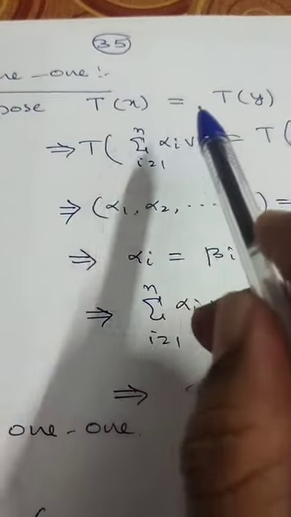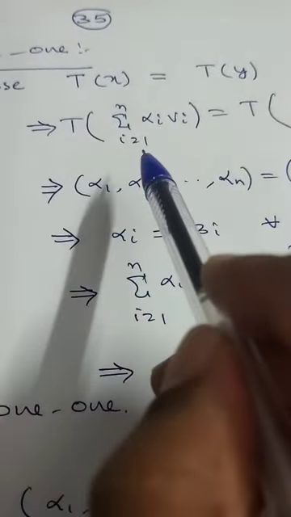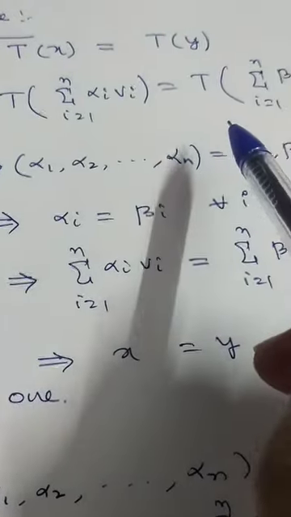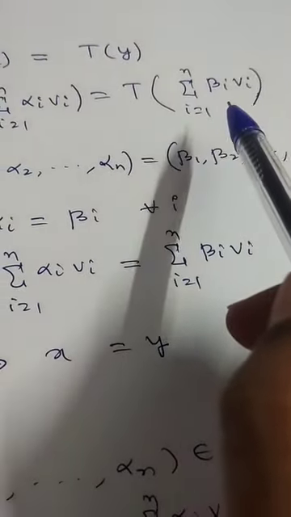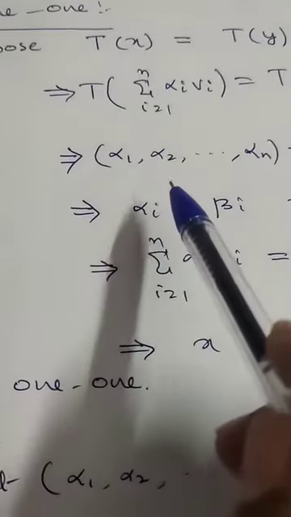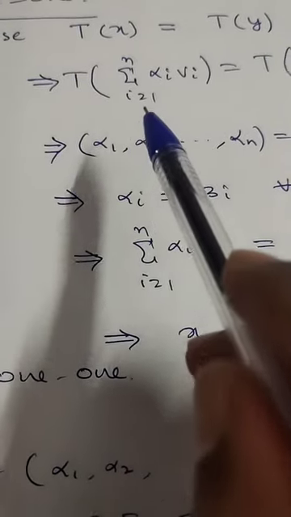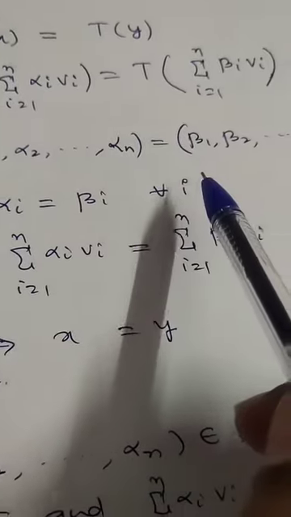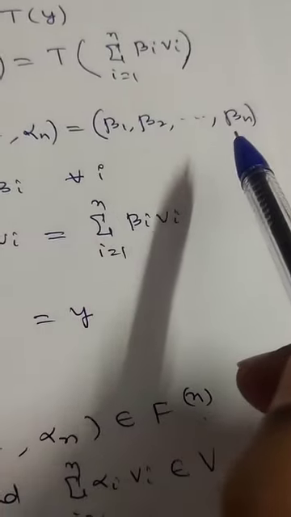Next we show that T is one-one. Suppose T of x is equal to T of y. This implies T of summation i equal to 1 to n alpha i Vi is equal to T of summation i equal to 1 to n beta i Vi. This implies alpha 1, alpha 2, etc., alpha n is equal to beta 1, beta 2, etc., beta n.